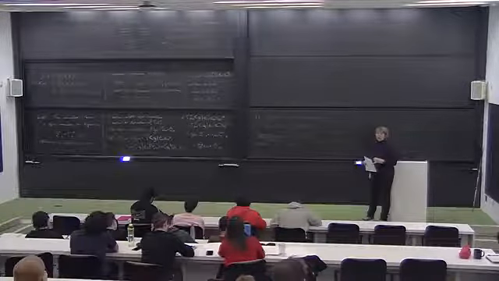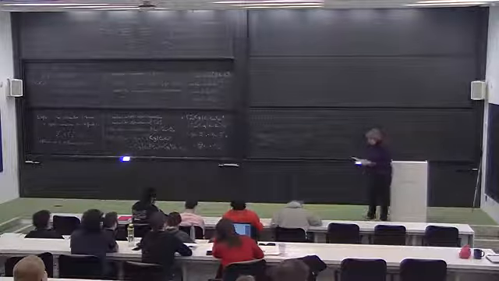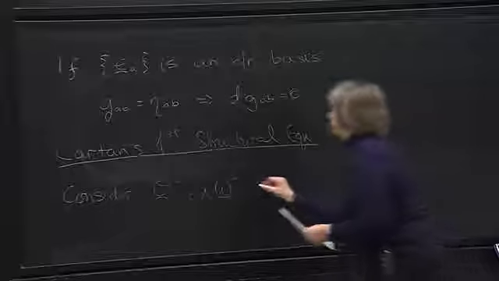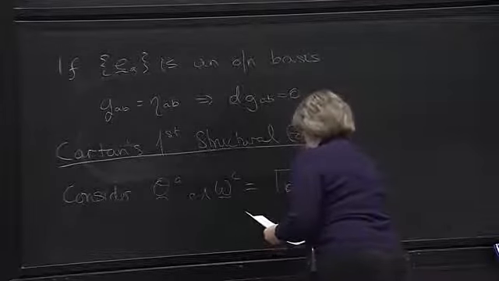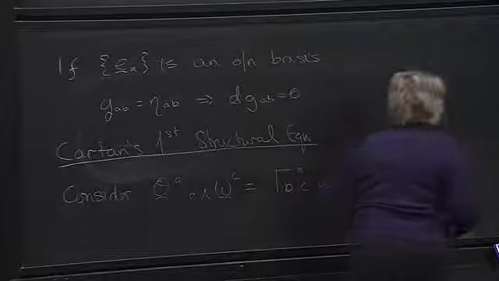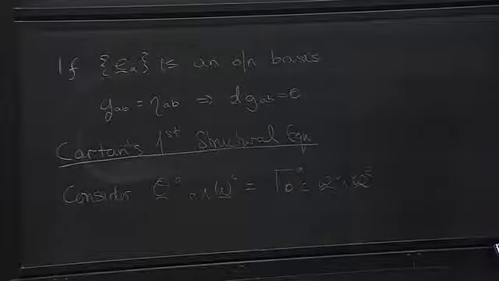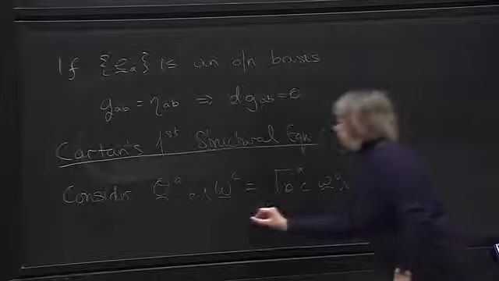Theta is a 1 form, omega is a 1 form, so I can take the wedge product of the two of them. And now I've just written out what the spin connection is there.